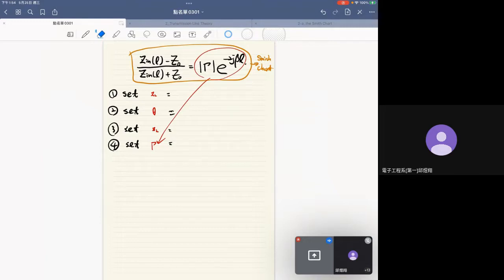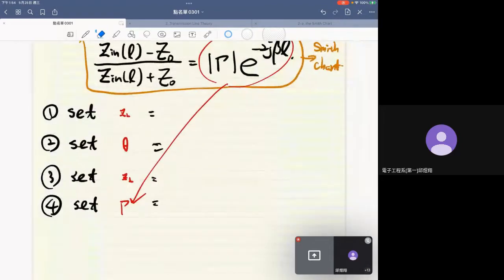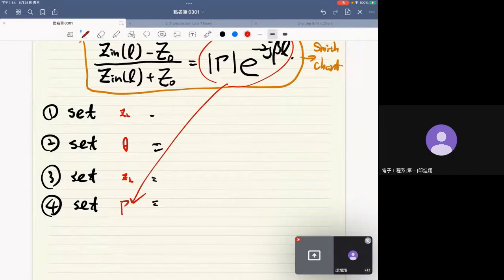Those are simple questions, and you are supposed to just give me simple answers. This is the definition. And for 3 and 4, I just try to separate the real and the imaginary part.